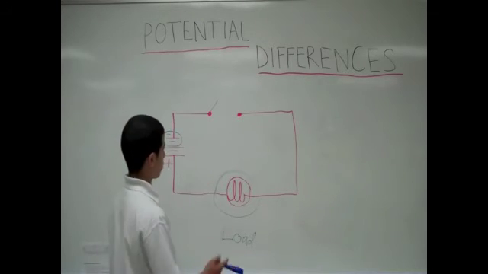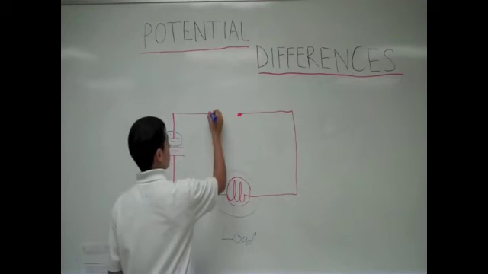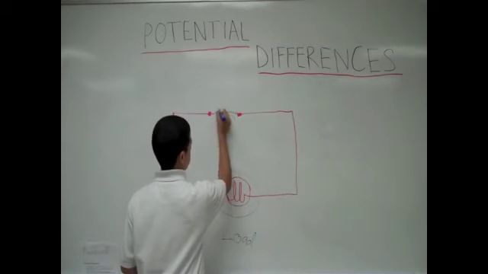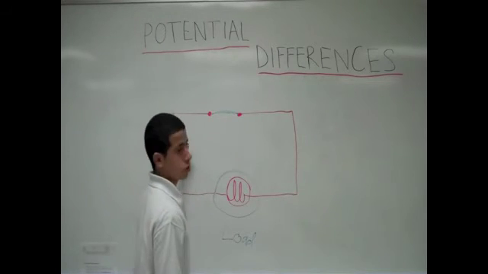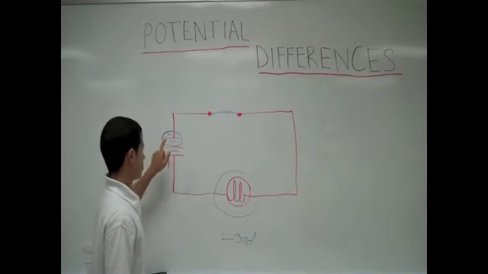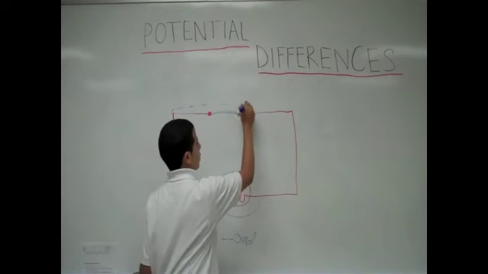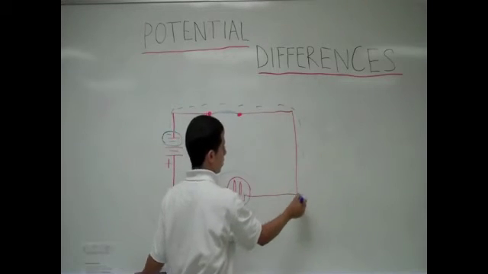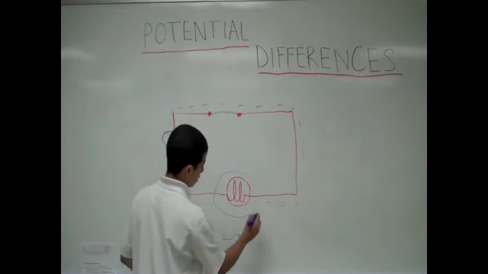So if I was to close the switch, the electrons from the circuit would move from the negative terminal all the way to the light bulb through the conducting wire.